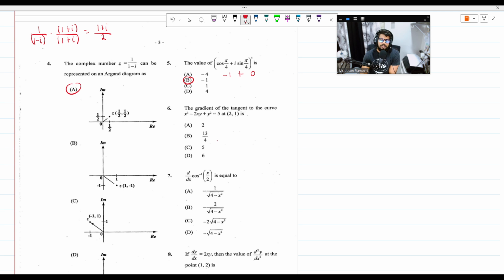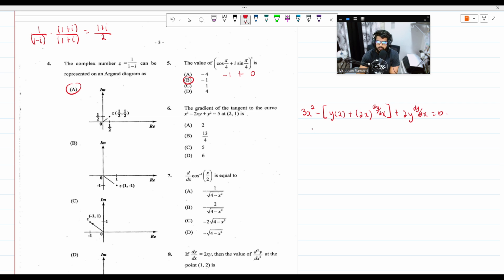The gradient of the tangent to the curve at (2, 1) is... so let me go ahead and differentiate this. We go ahead and use the product rule. So 3x squared, take away open bracket, and I'll use the product rule: v du/dx plus u dv/dx, which is y, 1 dy/dx, sorry, plus 2y dy/dx is equal to 0.